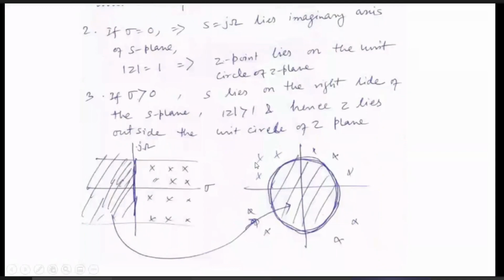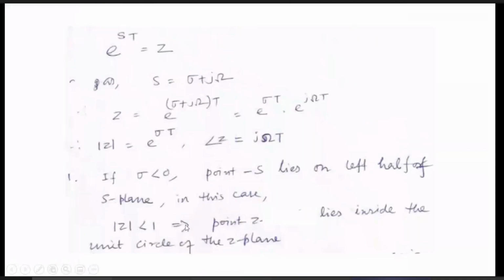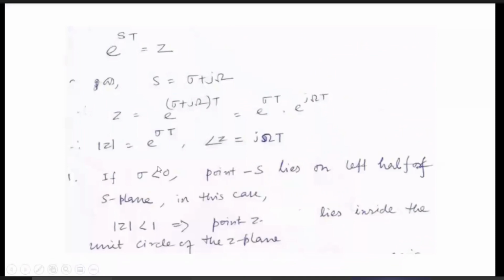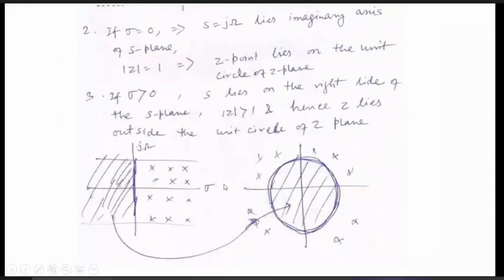Similarly, if sigma is greater than 0, so that means S lies on the right side of the S plane.